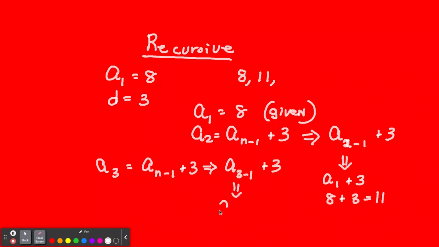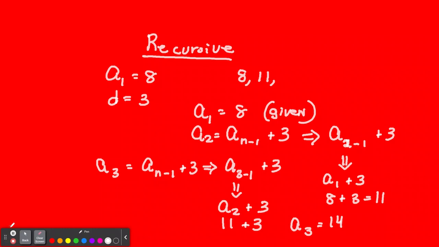That'll give us the second term plus 3, because 3 minus 1 is 2. We know the second term is 11, so it's 11 plus 3. And we know now that a3, what do you think it is? 14, right? And so on and so on. That's what recursive means. We get an answer based on the previous answer.